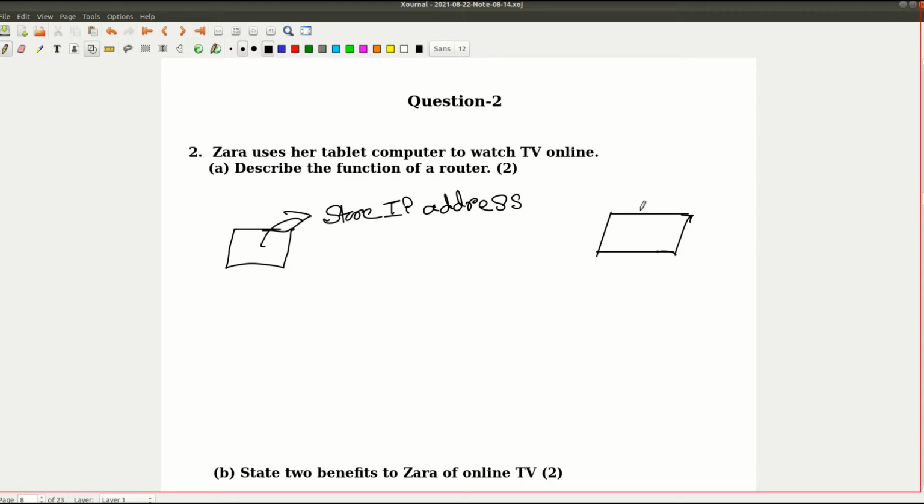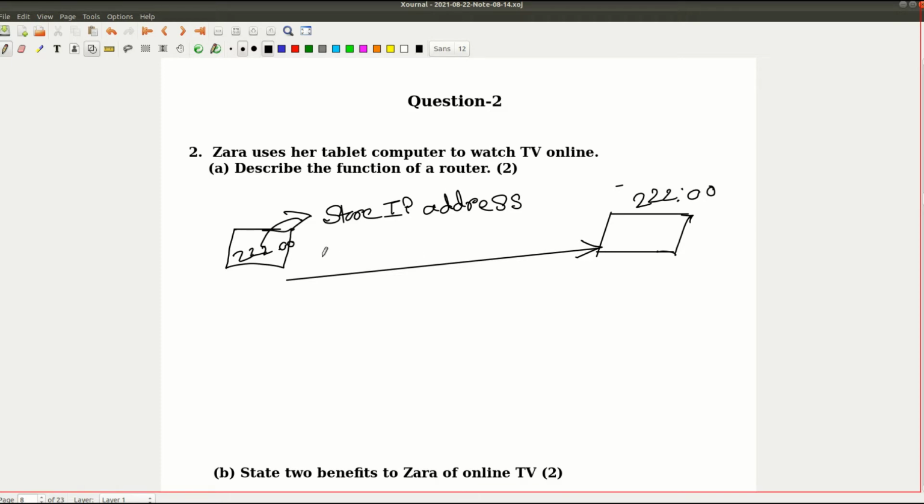Suppose this IP address is 222.00, so this router will collect this IP address. It will store here that it needs to send the file to this IP address, and then it will try to find out the easiest way to send data there.